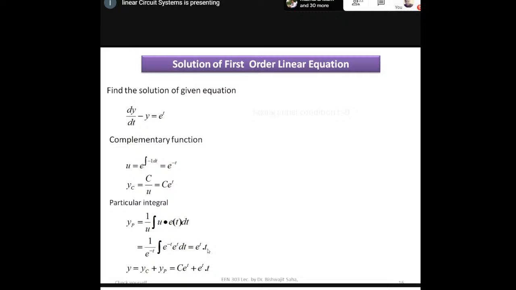Sir, the upper bracket line t, is it a function? Actually, this t should be on the e to the power t, right?